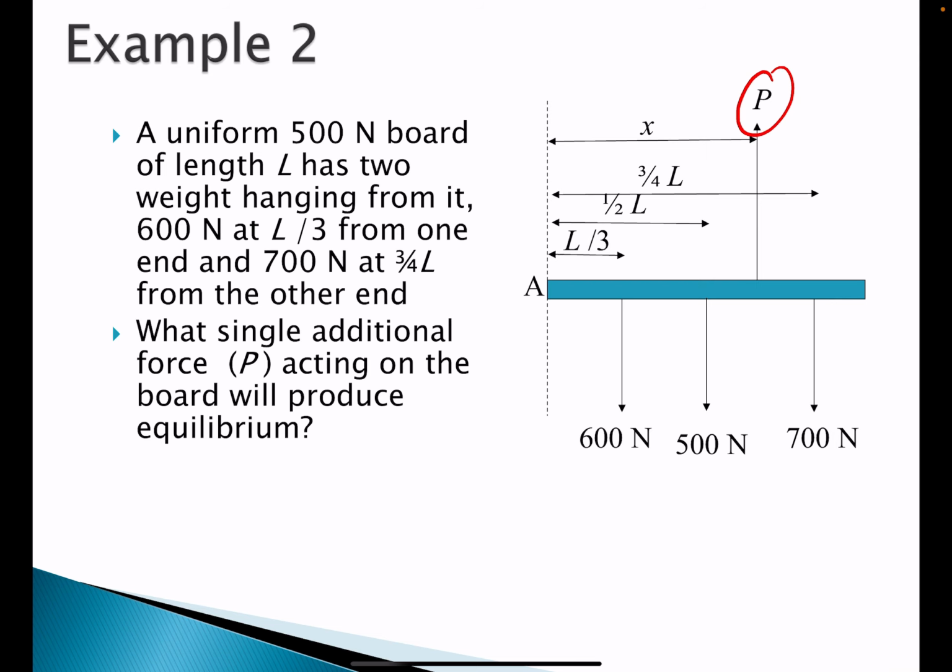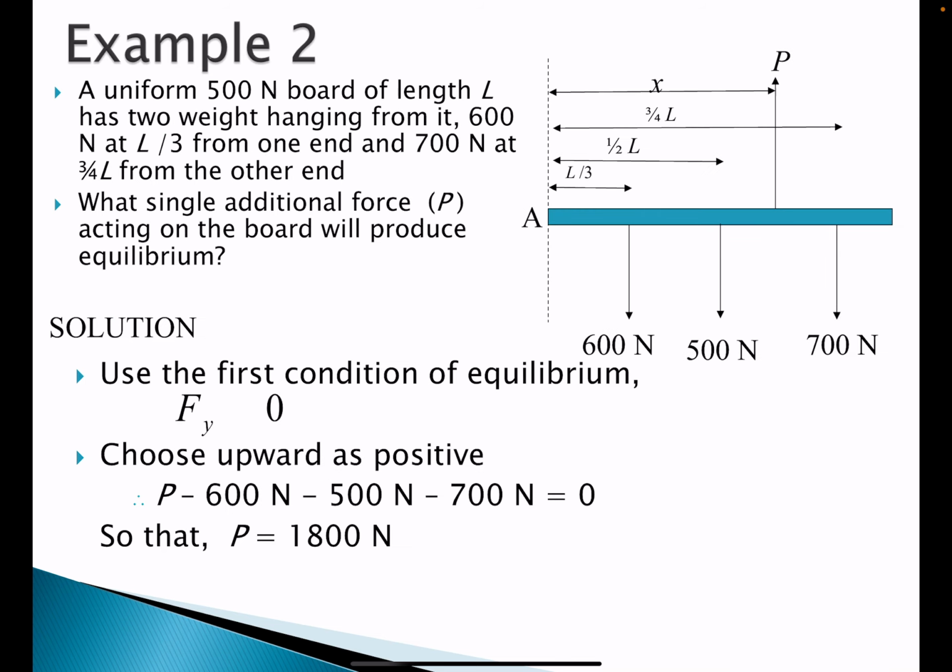Right, so the same thing, you use the first condition of equilibrium. So sigma Fy equals 0, because all these force components are in the y direction. So you need to be consistent about the symbols.